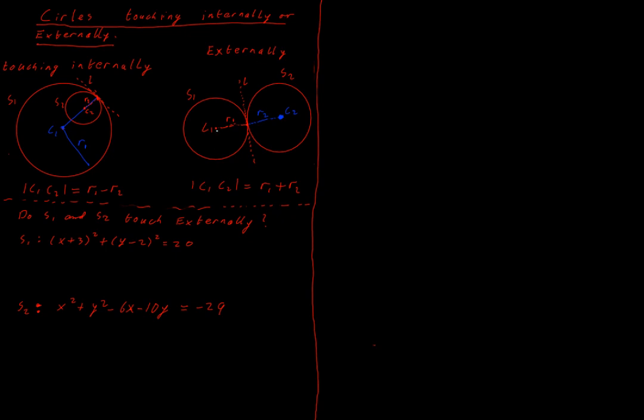And again, the argument is going to be, if we look at the distance between C1 and C2, the center of circle 1 and the center of circle 2, it's equal to the sum of the radii. Now, something that's easier to see in this diagram, but is true of this one as well, the centers of the circles and the point of contact, P, are collinear. They're in a straight line. Now, you can think about this in lots of different ways, but probably the easiest one to link back to is, we know that if we have a tangent to a circle, the perpendicular at the point of contact goes through the center of the circle.